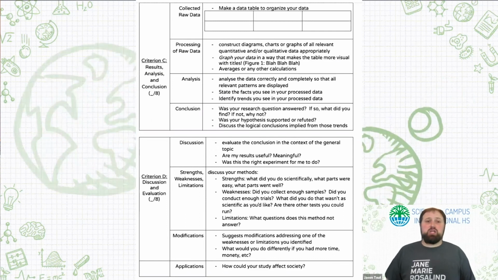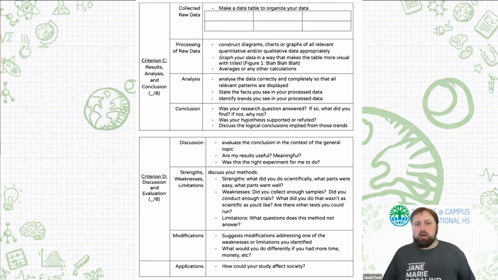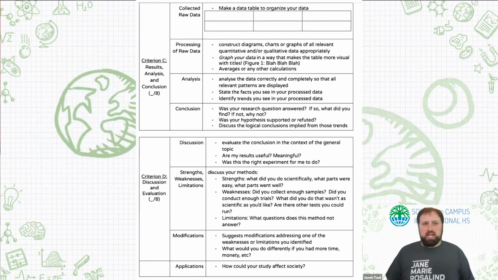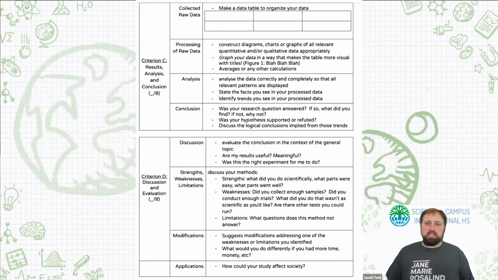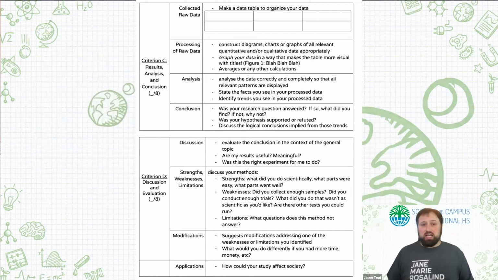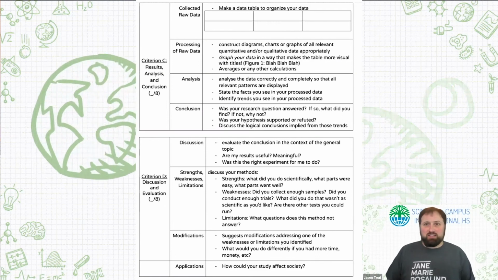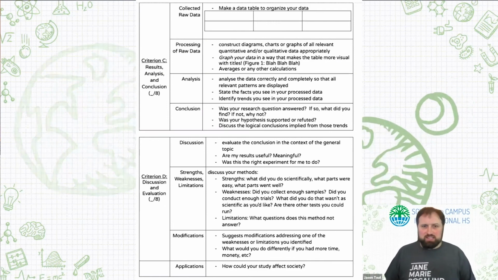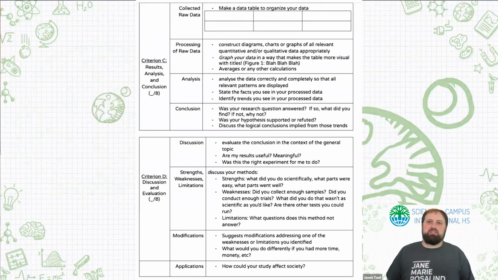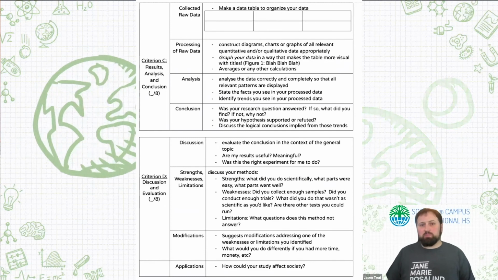And finally, you do want to think about and write a short section about how does all of this apply to society? If you did an experiment on slime, why is slime so interesting? What makes it worth studying? And it is worth studying. There's a reason why you can find a million different websites on how to make slime from home. Can you talk about why it's so interesting or why it's valuable?